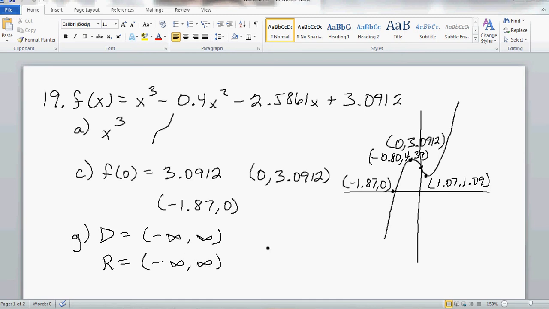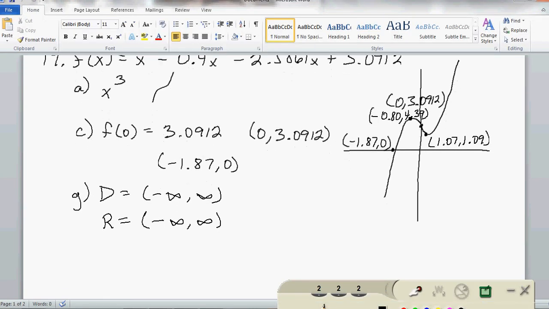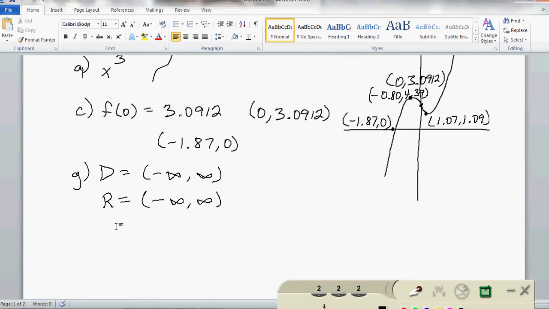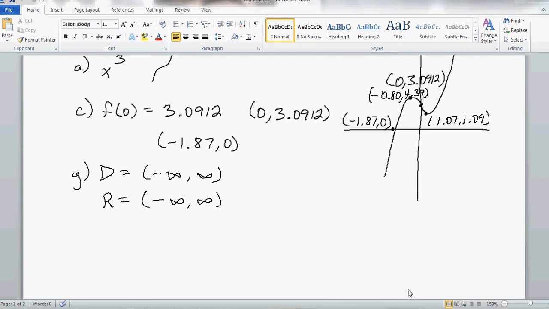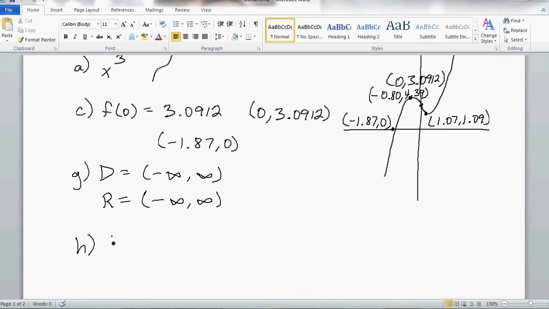And then finally, H. H asks for, where is it increasing, where is it decreasing? So here we need to get into the frame of mind. We're talking x values, and so it's going to be increasing. It increases, well, from negative infinity up until negative 0.80.